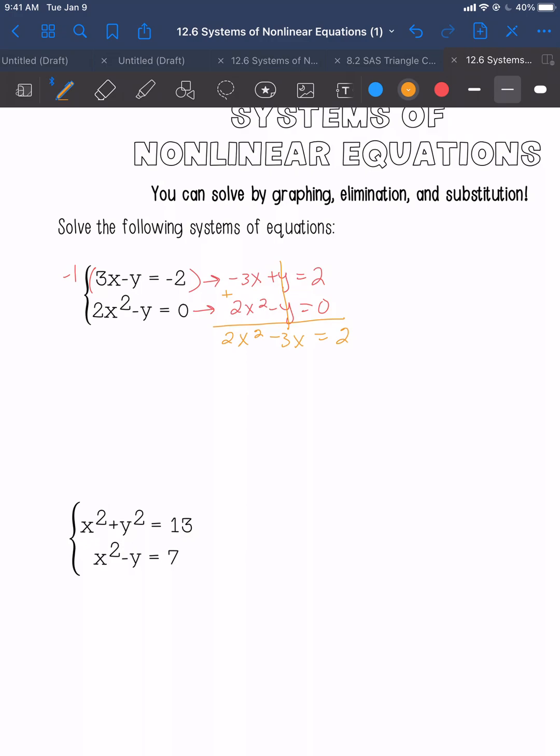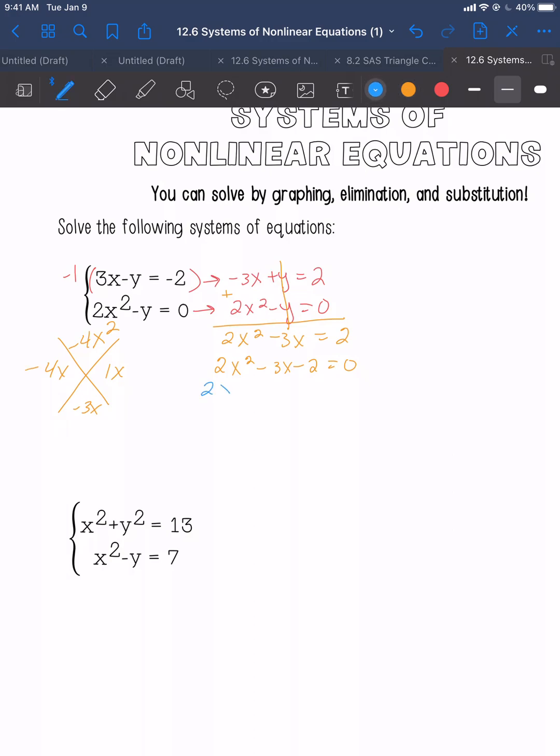I'm going to set this up as a quadratic and factor. So 2x squared minus 3x minus 2 is equal to 0. I'm trying to find two factors that multiply to get -4x squared, but add to get -3x. This can be -4x and 1x.